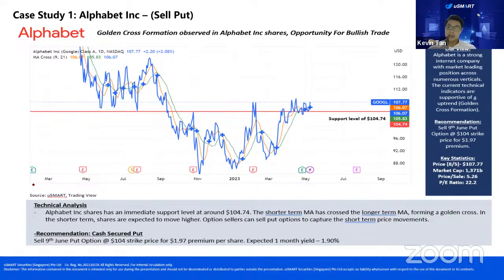So if you sell this 1 month option, you could get a yield of 1.9%. Once again, while it may not sound like a huge dollar amount, 1.9% over a 12-month period is almost 24 percentage points. And it is not easy to beat a 24 percentage point return.